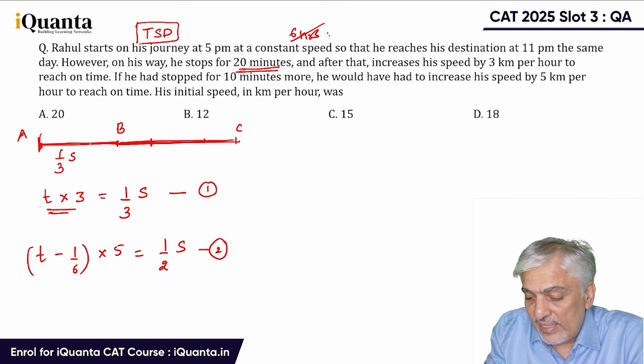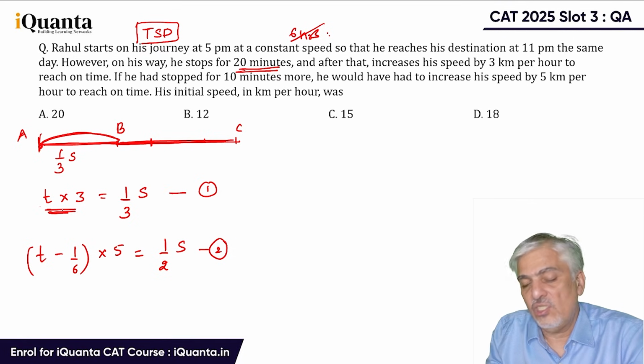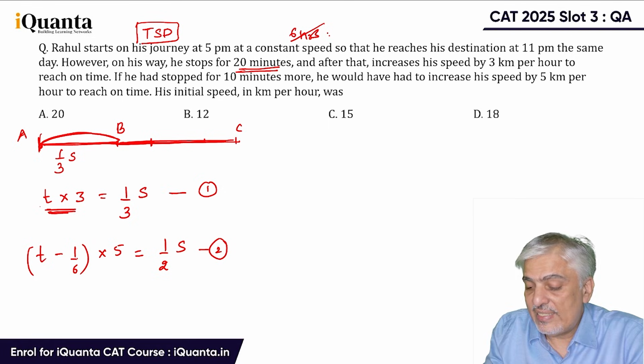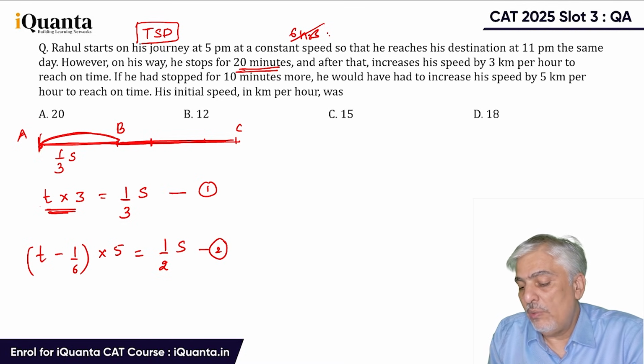But he increased the speed so that he gets this much distance extra. So the increased speed, that is 3 extra, that is t into 3, will give him 1/3 s. Second time, he has 10 minutes lesser. So t minus 1/6, into 5, is half of s, because he would have covered half s in that time, 30 minutes. We want to find s.